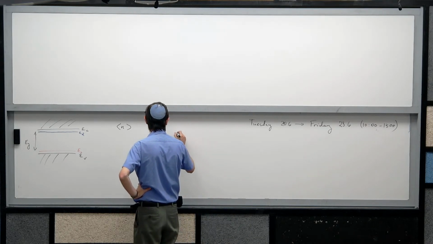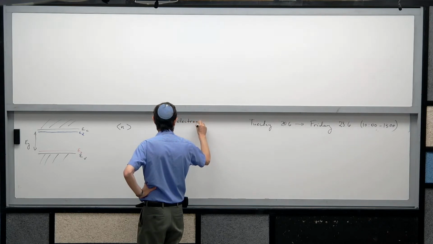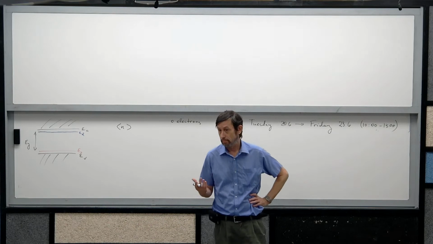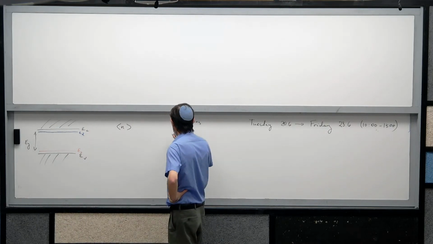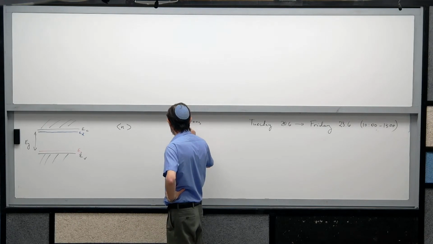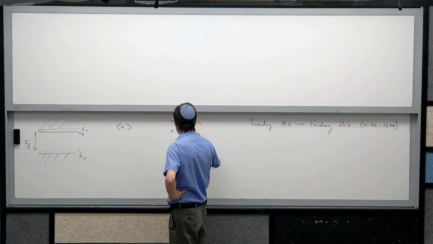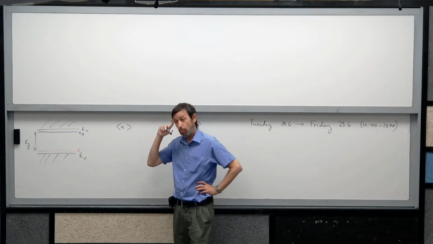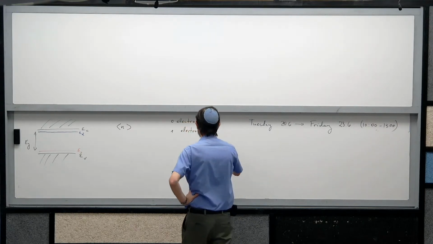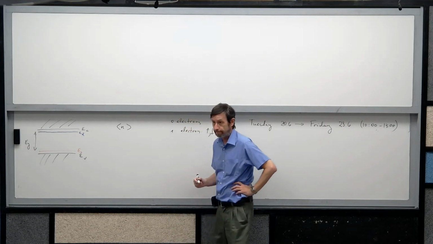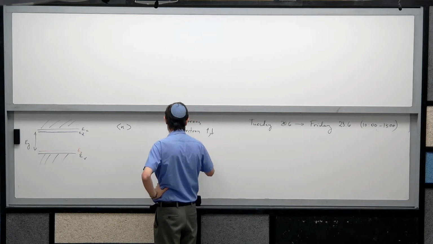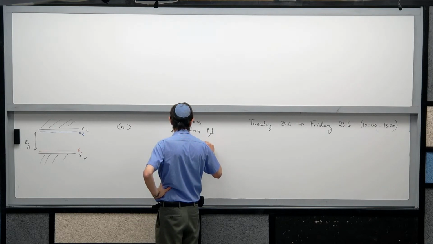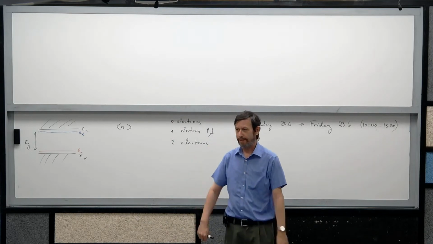We can either have zero electrons on this donor, for example moved to the conduction band, or one electron, which can be in one of two states, either up or down, because electrons have spin, or two electrons. Then it must be an up and a down.